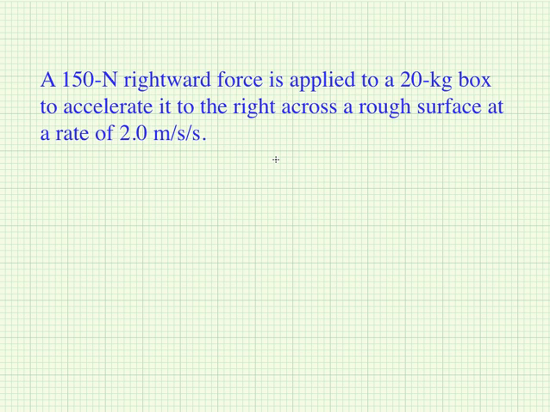This time let's try one, but we're not going to be given the picture, so we're going to have to make our own. We've got our box here, and we have a rightward force. This force is going to be 150 newtons. We have mg, the weight of this, and we have the normal force.